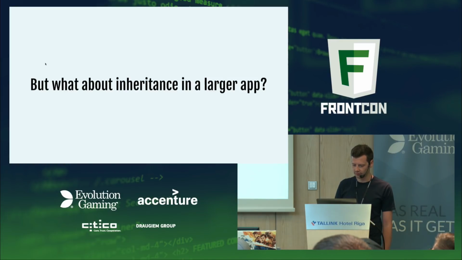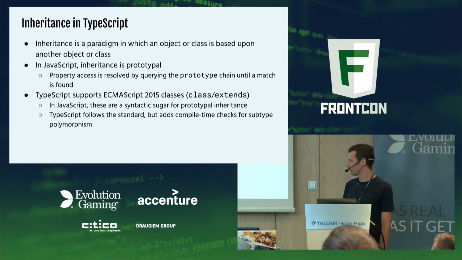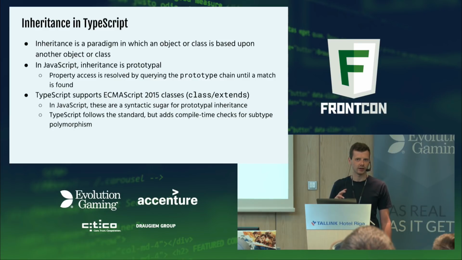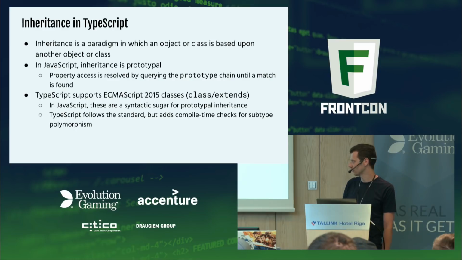But in TypeScript, it follows the standard, but then it also provides compile time subtype polymorphic checking as well, which means that if we pass a subtype as a parameter that's expecting a certain type, then if that subtype is extending from a particular superclass, it will be accepted as a parameter in that particular call site. So again, it's giving us more robustness and more type information earlier on in the dev flow.